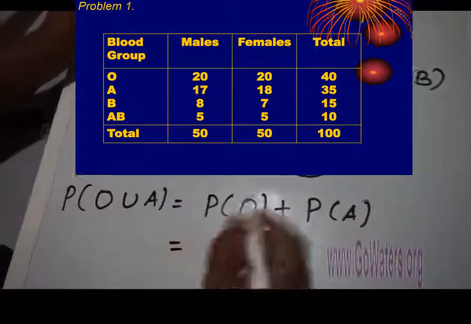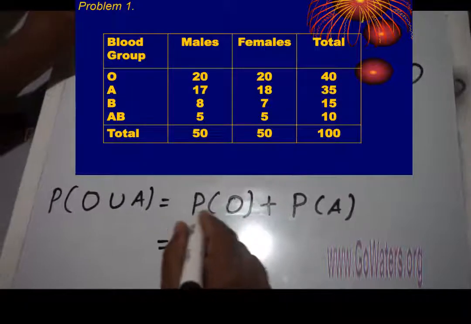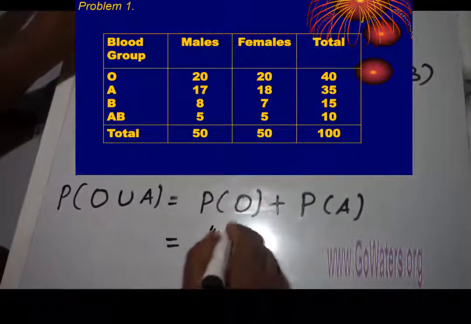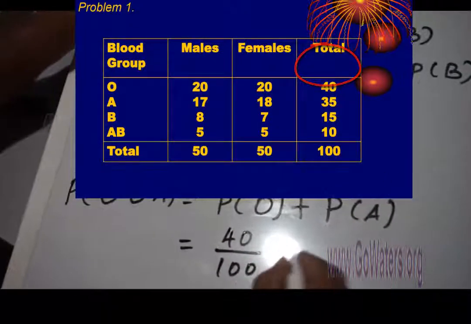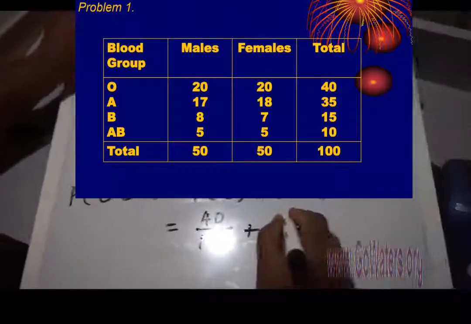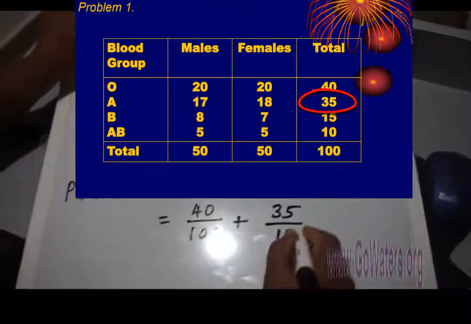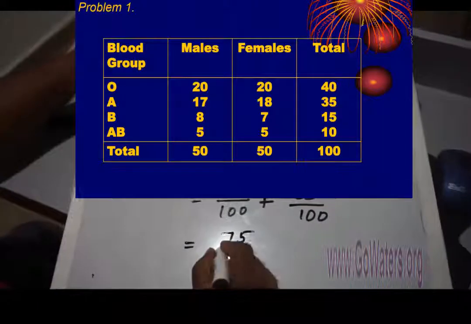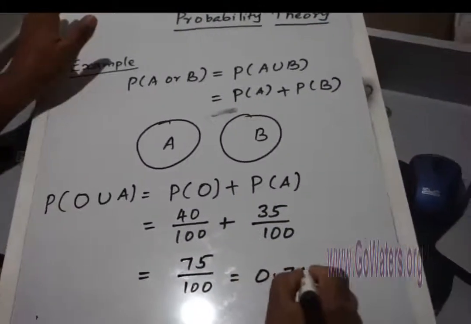From the table, you can see that the number of students with blood group O is 40 over the total number of students, that is 100, plus the number of students with blood group A, which is 35, over the total number of students, 100. So this is 75 over 100, which equals 0.75.